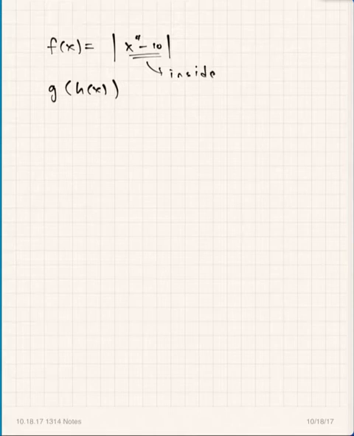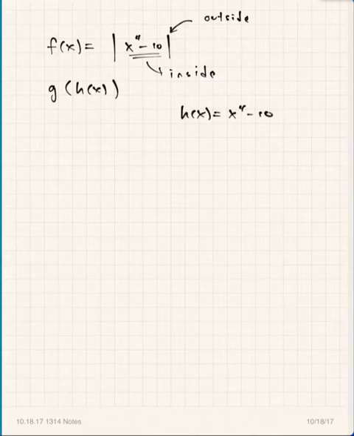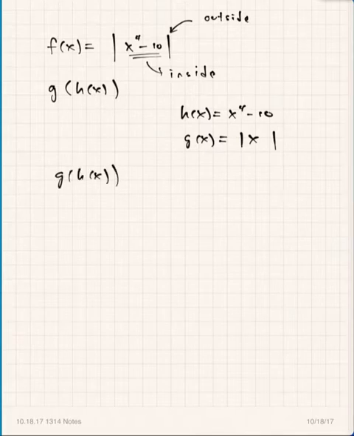And then the outside function would be the absolute value function. This is the absolute value function of the x to the 4th minus 10 function. And so my inside function, h of x, would be x to the 4th minus 10. And my outside function, g of x, would be just the absolute value of x, like that. And you could always just go through and calculate this and make sure that what you've got is right.